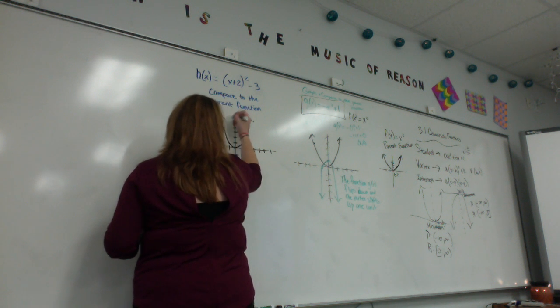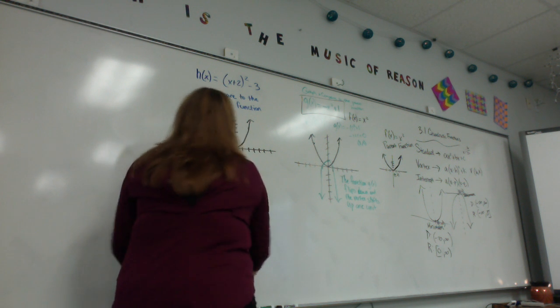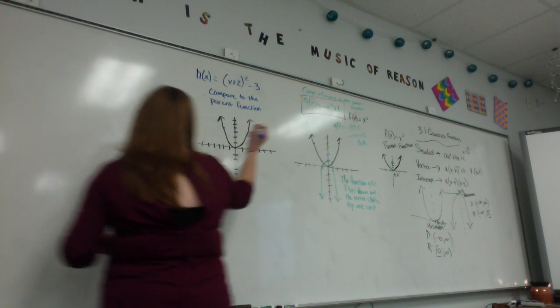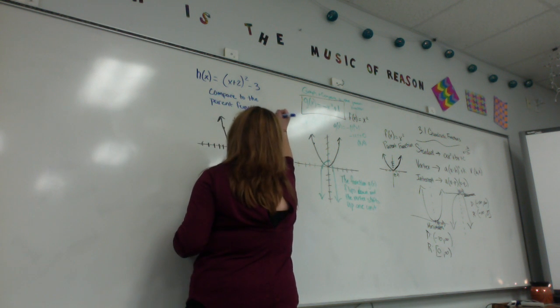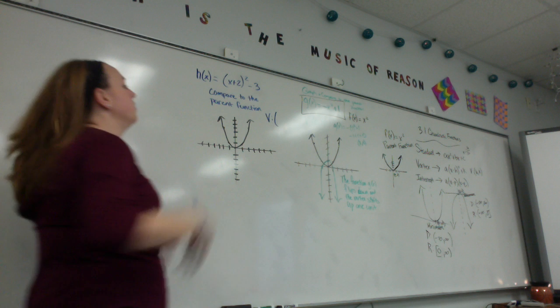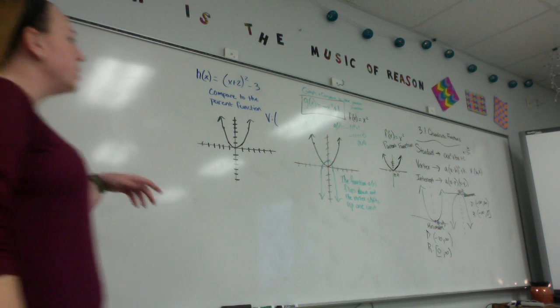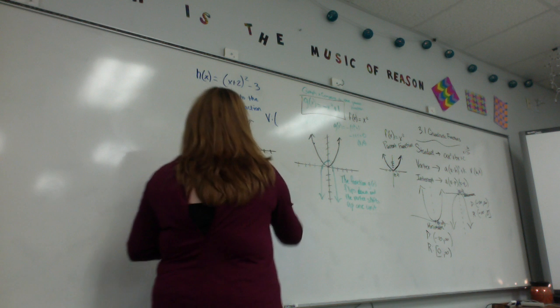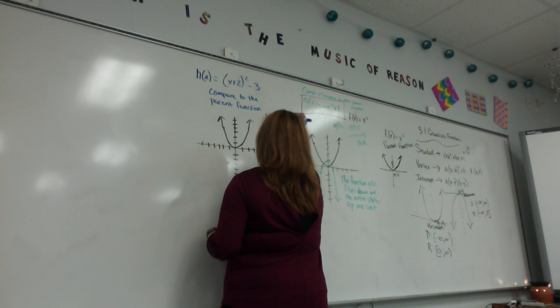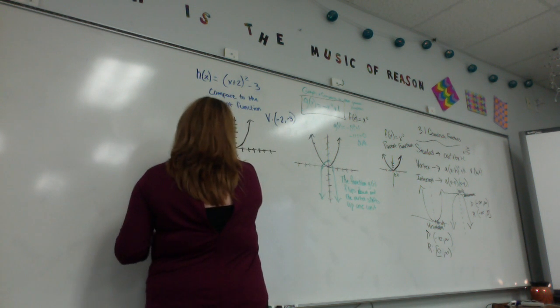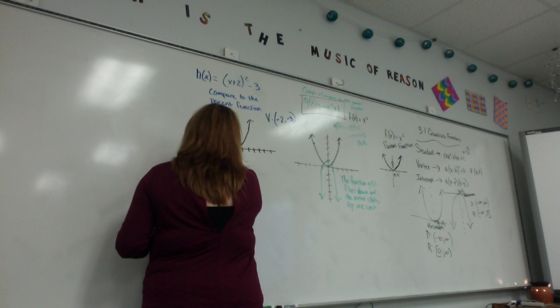The parent function never changes. Now, my vertex is what on this graph? If your vertex is the opposite of h and then k, what is my vertex? Negative 2, negative 3. So my vertex is negative 2, negative 3.